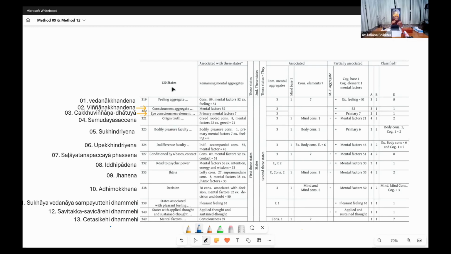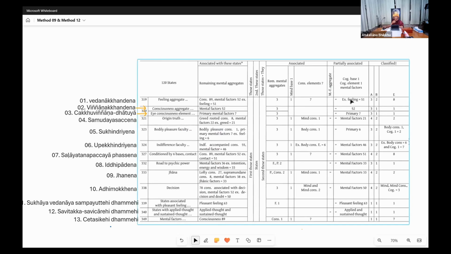Right. So this table is also applicable for two methods, right? For method number 9 and also method number 14.